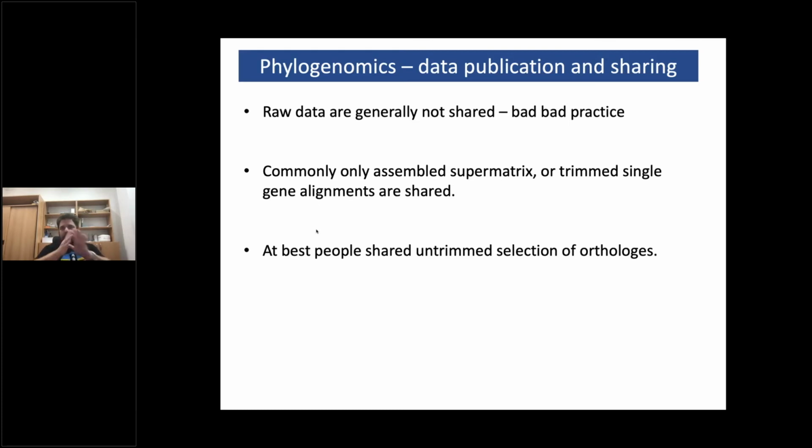Sometimes they just share the whole concatenation of the hundreds of genes. Sometimes they just share trimmed single gene alignments, which are useless because they're unusable for any downstream analysis, and we cannot check whether their decision, for example, in the ortholog or paralog selection was correct. At best, what people share is an untrimmed selection of orthologs, and this is a problem, and I'll show you why.